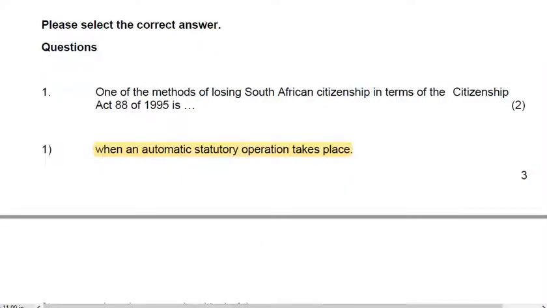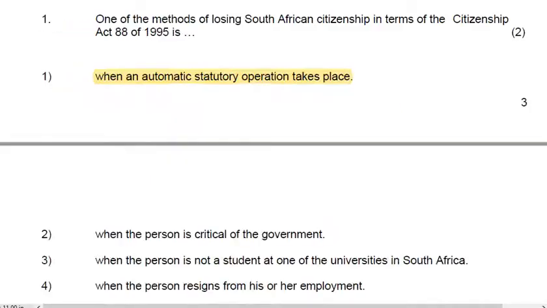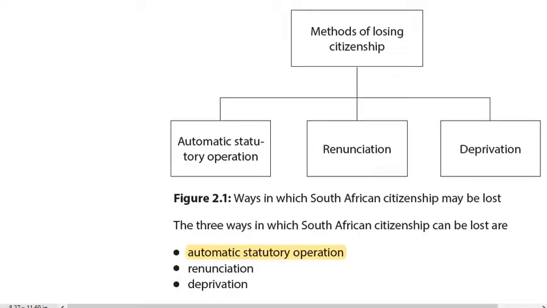First assignment, since these are the multiple choice questions, we are going to select the correct answer. First question. One of the methods of losing South African citizenship in terms of the Citizenship Act 88 of 1995 is, the answer is 1, when an automatic statutory operation takes place.